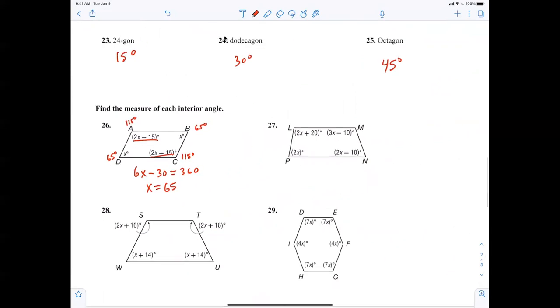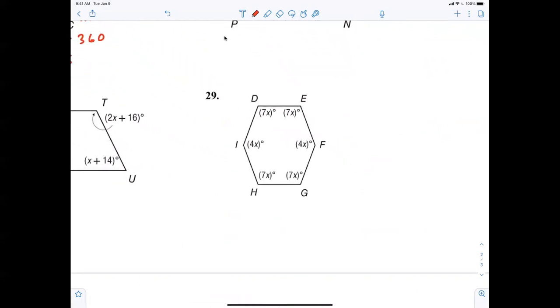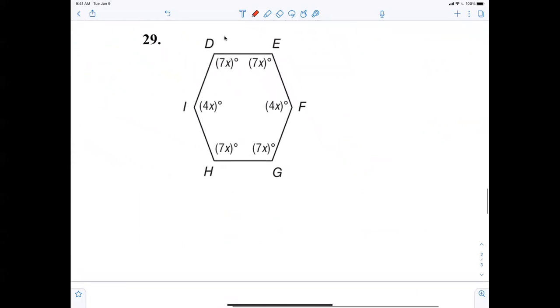Okay, 27 is pretty much the same. 28 is the same. Let's look at 29. What are we thinking on 29? The sum is 720, equal to 36x, someone said.